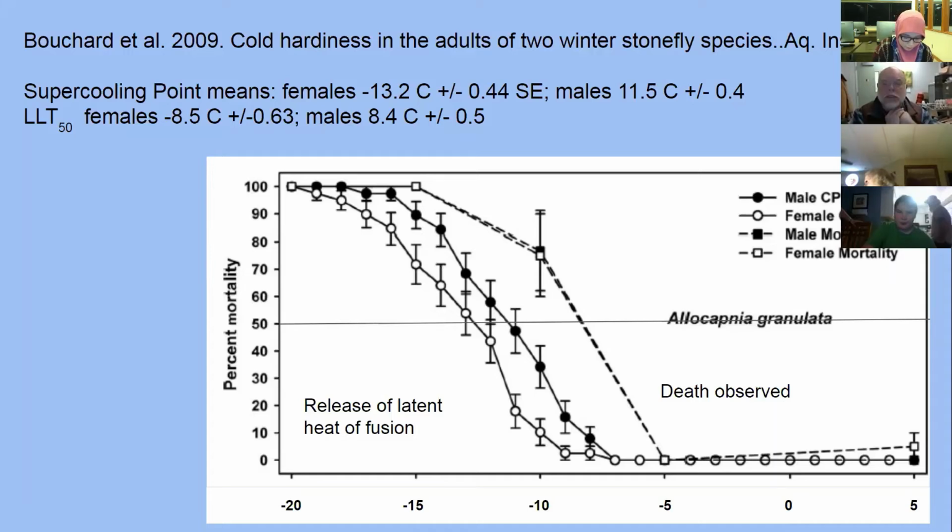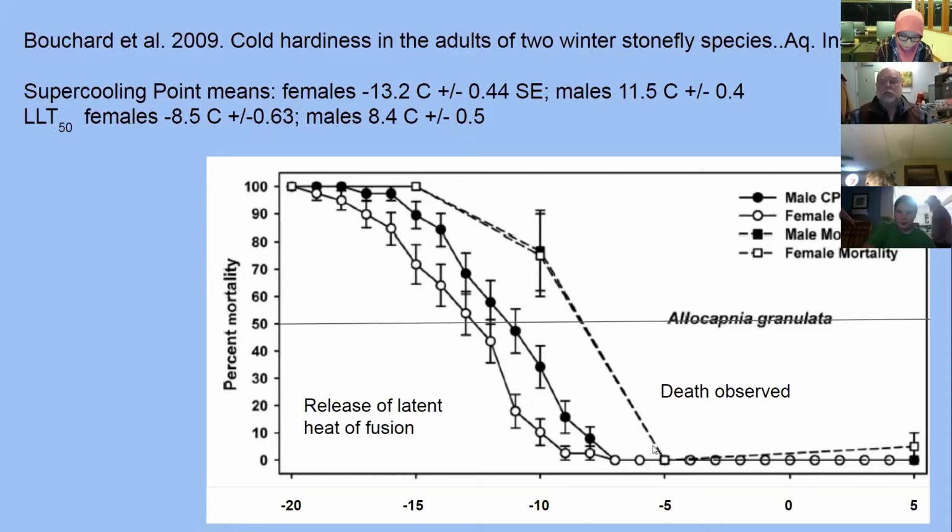And this is how people talk about cold hardiness. They usually find that the species died before it actually froze. So the rigor of getting down to that temperature is pretty bad.